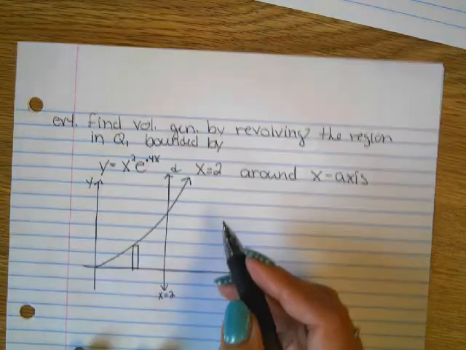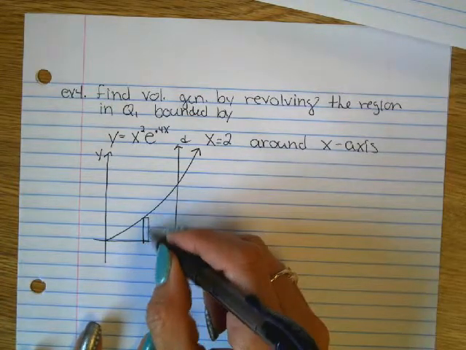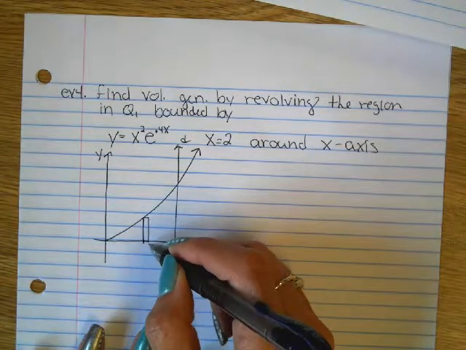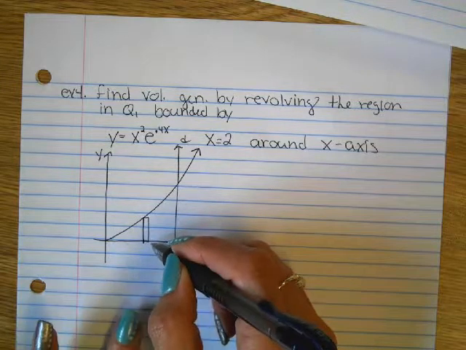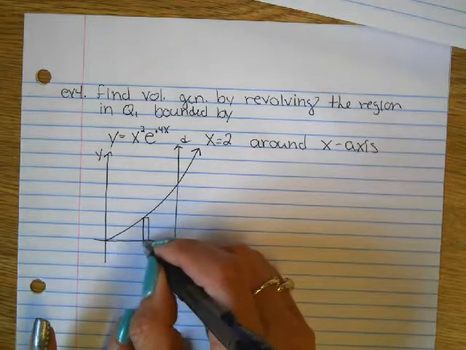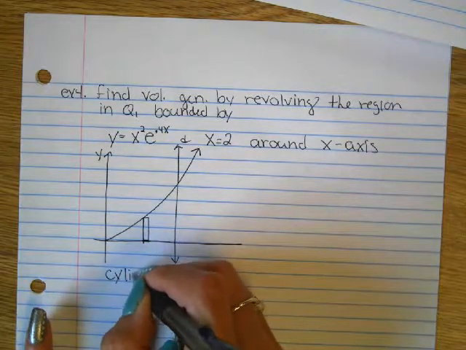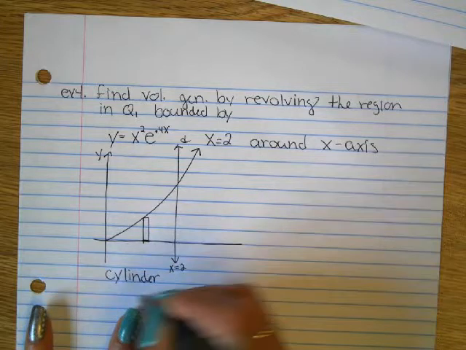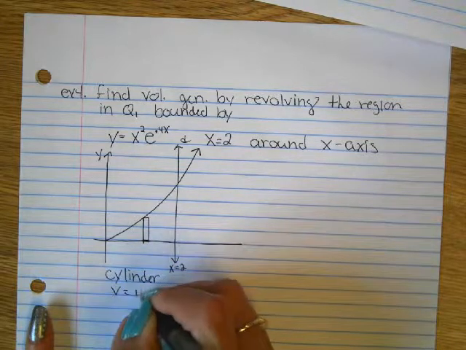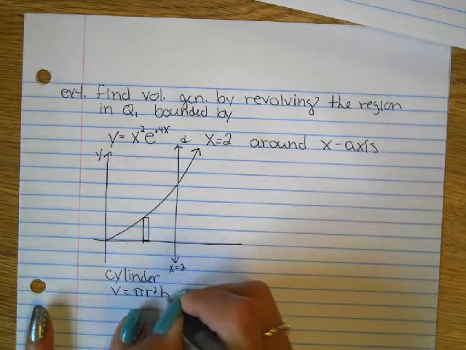And if you remember, it hasn't been that long, when it's perpendicular to the axis, it's either cylinder or washer, and because your rectangle touches your axis, this is cylinder. So we are going to do the cylinder formula, which volume is pi r squared h.